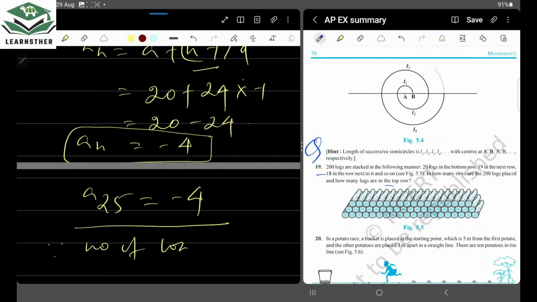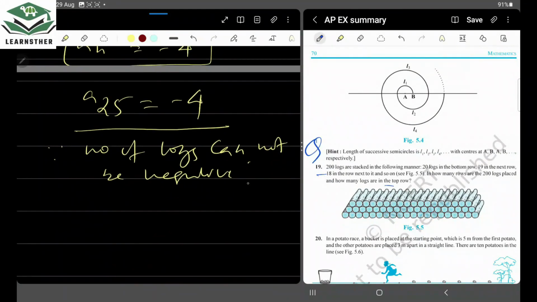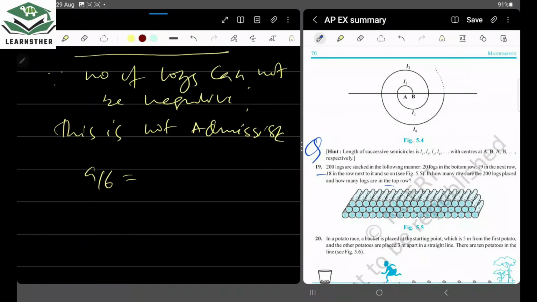Since the number of logs cannot be negative, this is not admissible.